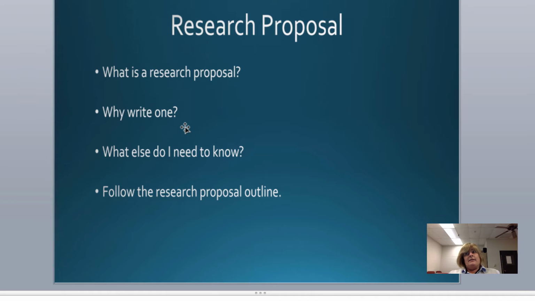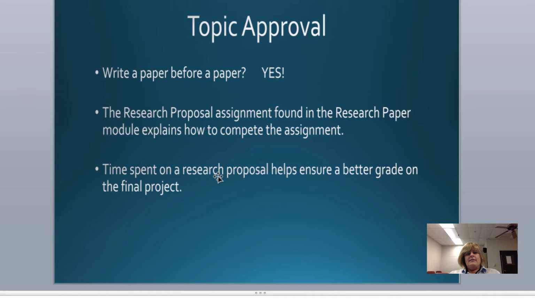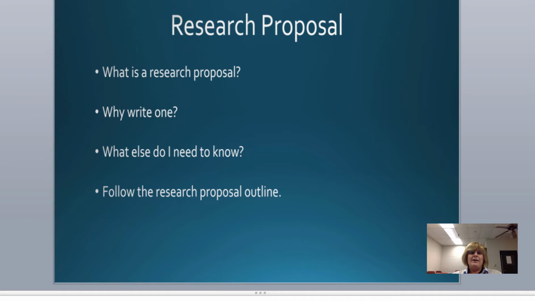Well, obviously, time spent on a research proposal helps ensure a better grade on the final project. Why? Because you're telling me right here on the first bullet point why you're writing the proposal and what it is that you're going to write about, because that's what a research proposal is by definition.